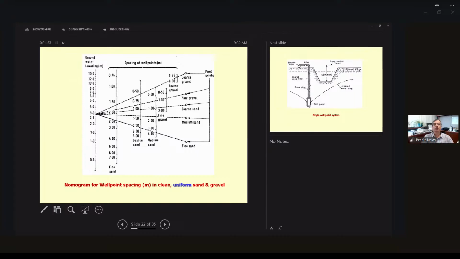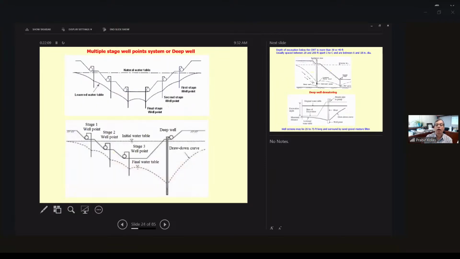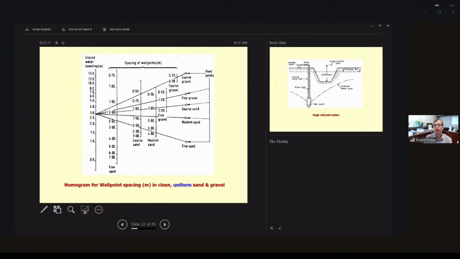You want to know how much lowering of the water table you need, and just draw a line, and you can easily calculate how much spacing is required. So this graph is the nomograph for uniform clean sand and gravel. And then there are nomographs also for non-uniform, heterogeneous sand and gravel.